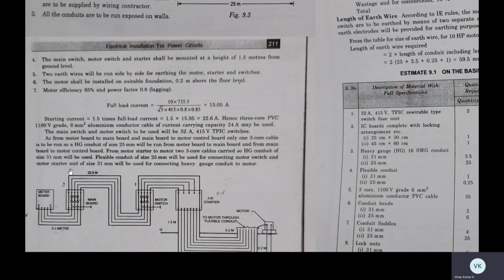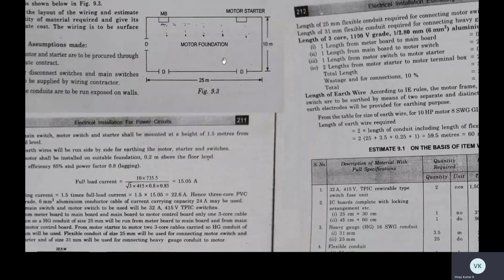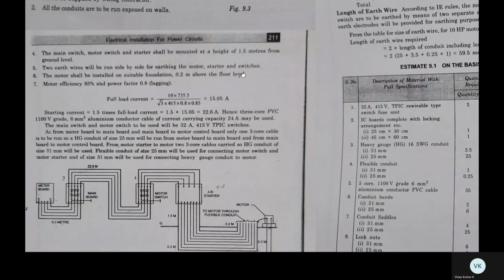Take 1 meter up and take the 22.5 meter up to the motor switch, up to the motor starter. From meter board 1.5 meter, 1 meter down, take 22.5 meter up to motor starter. Then take the wire again from this 1.5 meter down to 1 meter motor starter.